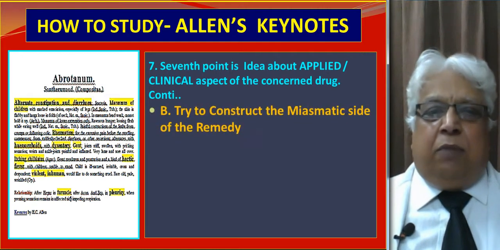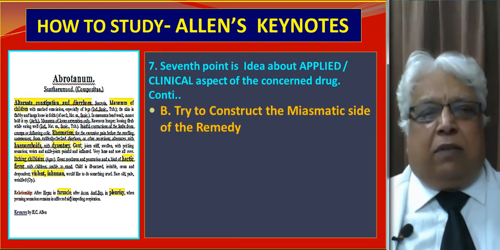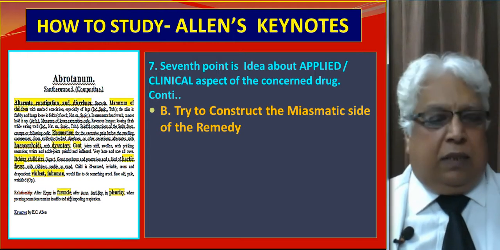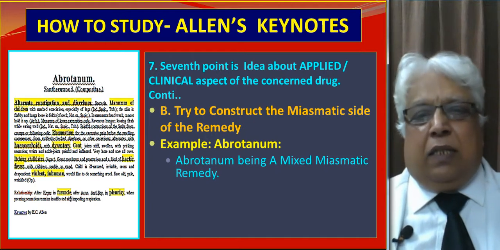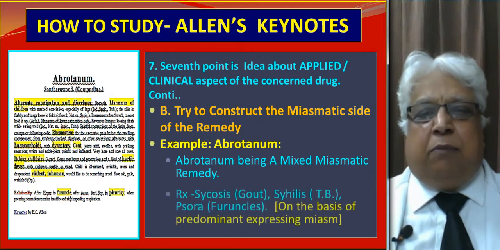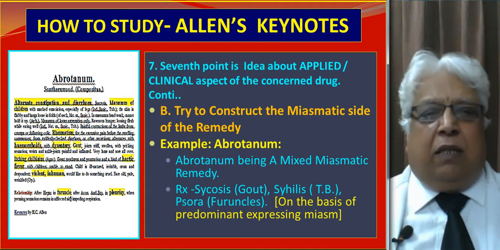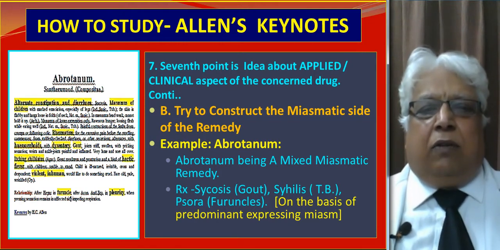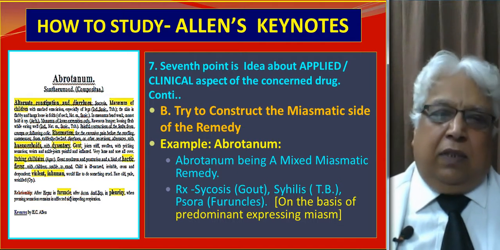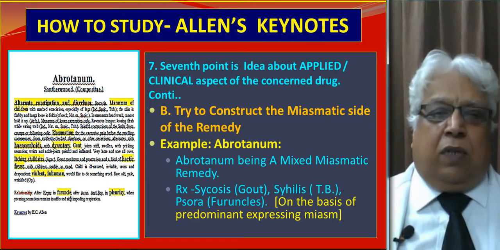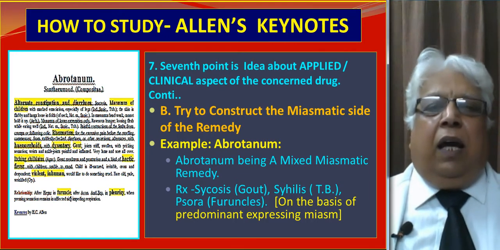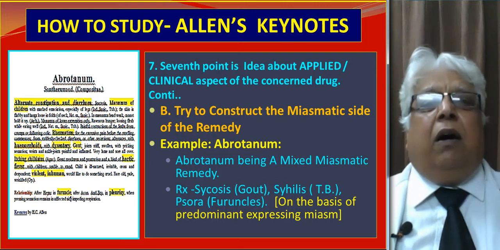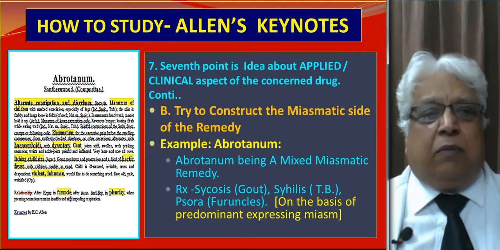Now, there is one more thing to be seen. One was the diagnostic, and the second is the miasmatic side of the remedy. How are we going to understand the miasmatic side of Abrotanum? Abrotanum is a mixed miasmatic remedy. On the basis of diagnostics, there are psoric conditions like gout, there is a syphilitic condition like pseudo-psoric tuberculosis, and you have a purely psoric condition like furunculosis, and you prescribe the same remedy on the predominant presenting miasm, the outermost layer of the miasm, which is the presenting feature.